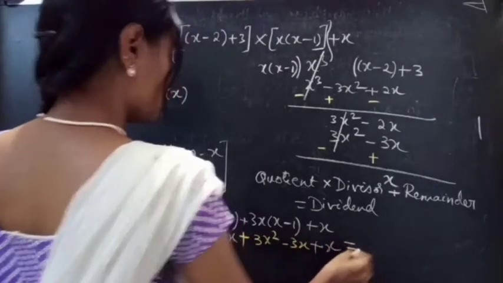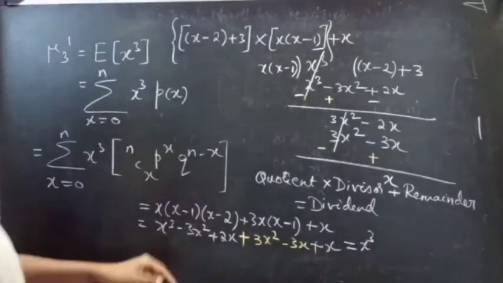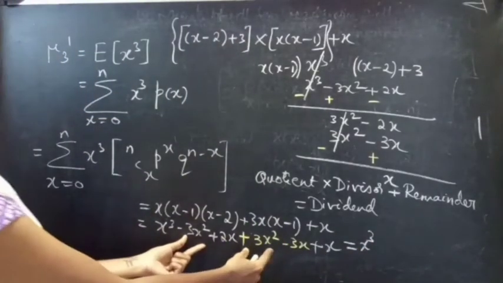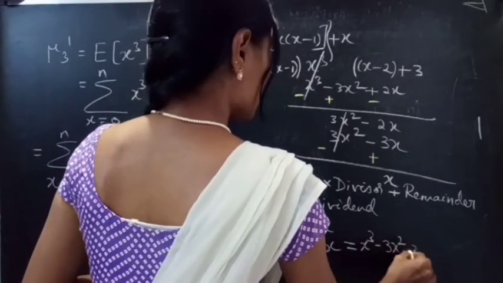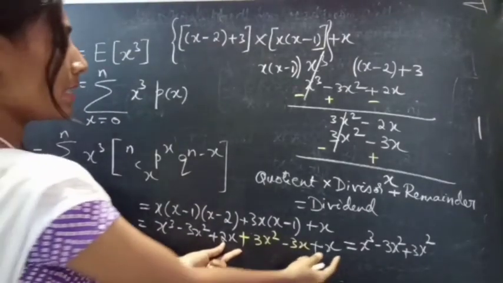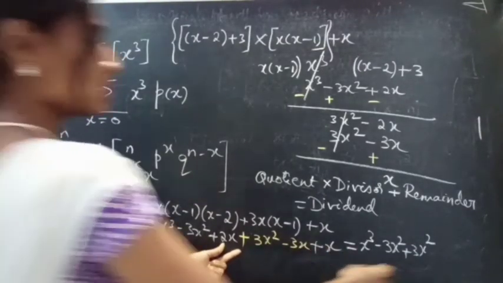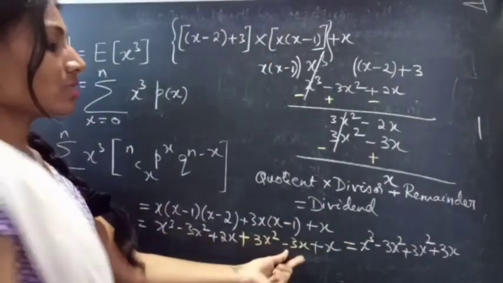So this equals x cube. Now write the x square terms: minus 3x square plus 3x square. Next, the x terms: plus 2x plus x is plus 3x, minus 3x.